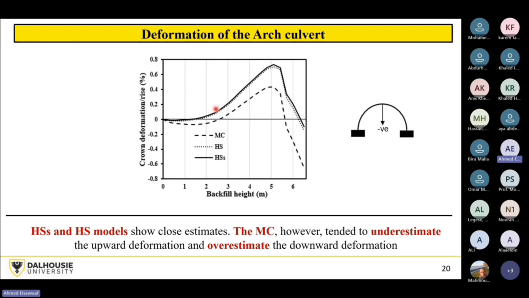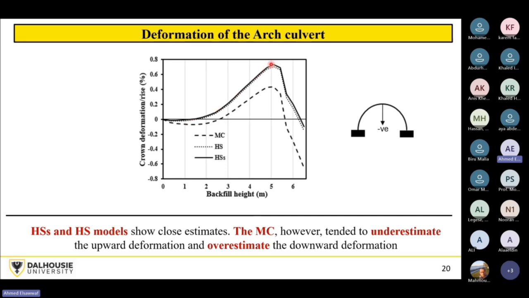You have positive deformation, that's the crown deformation. It's taken here as a percentage of the rise, against the backfill height. My rise here was around 5 meters. So as long as you are still backfilling below this level, this line, you will have positive deformation.